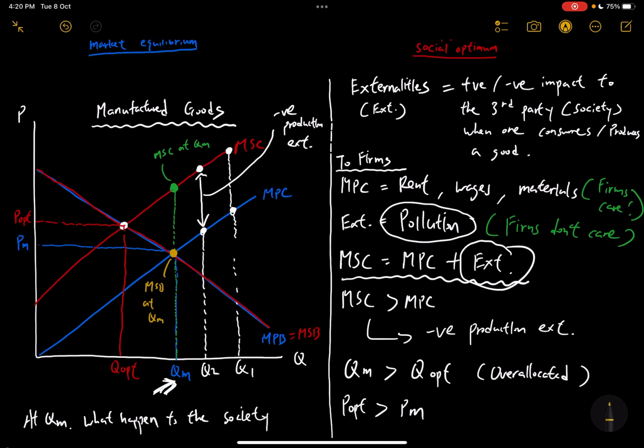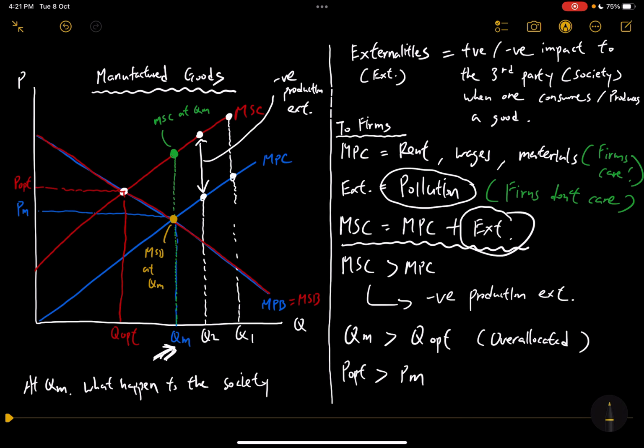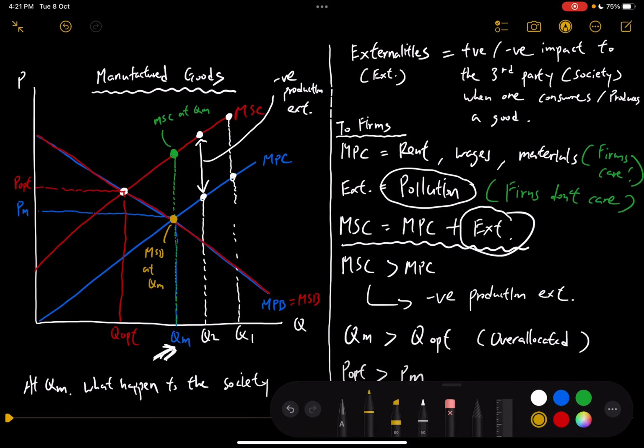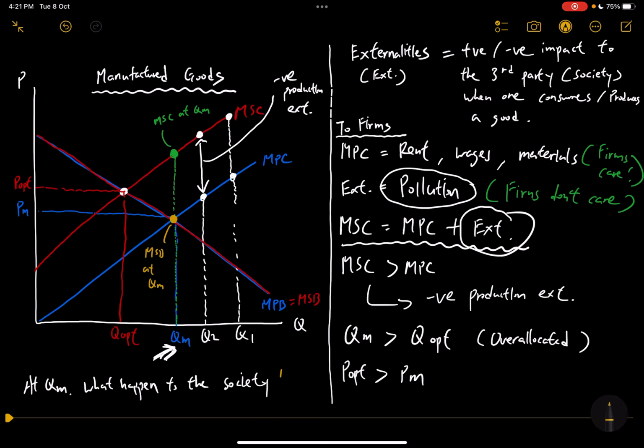If you look at this comparison, what is it saying to the society? At QM, MSC is bigger. So right here, we're able to make one point: MSC is bigger than MSB. What does it mean? Marginal means additional.